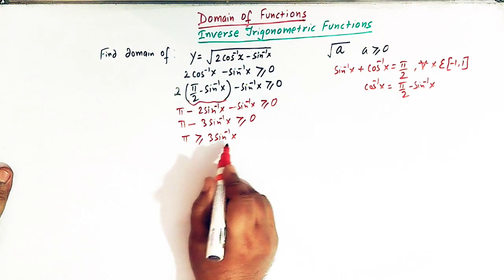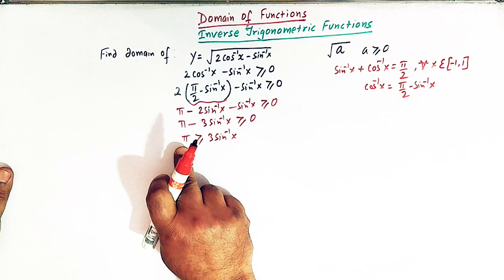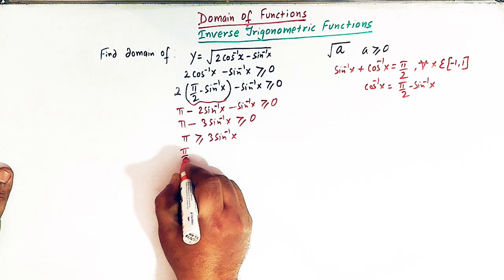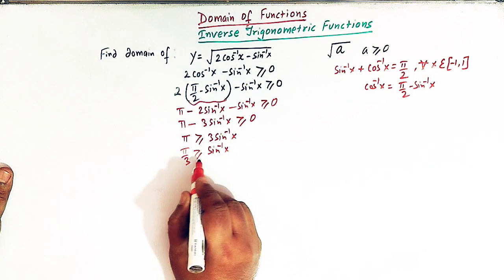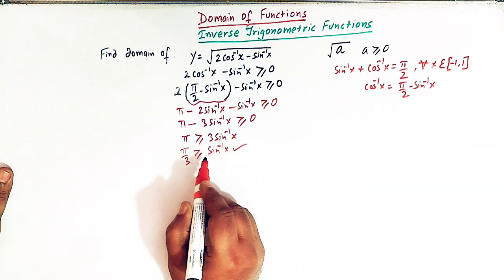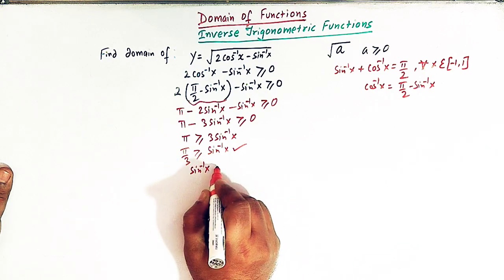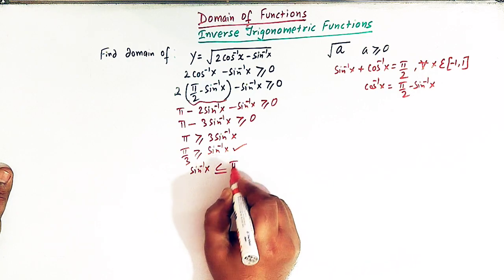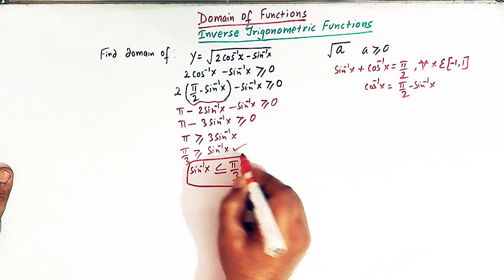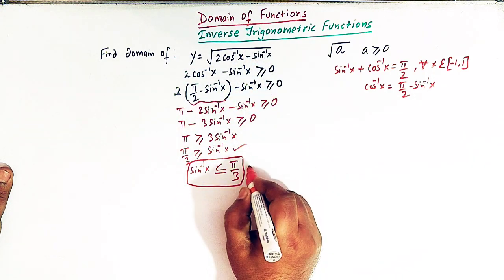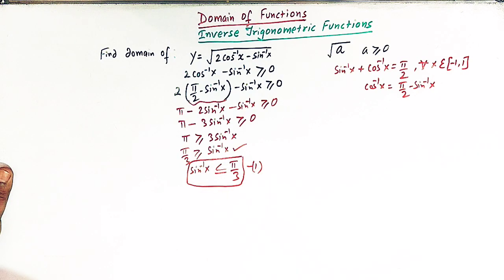Let us rearrange the terms: taking the 3 into the denominator of pi, we have pi over 3 greater than or equal to sine inverse x. We can also write this inequality as sine inverse x less than or equal to pi by 3. This is an important step in this problem, and we can call this inequality number 1.